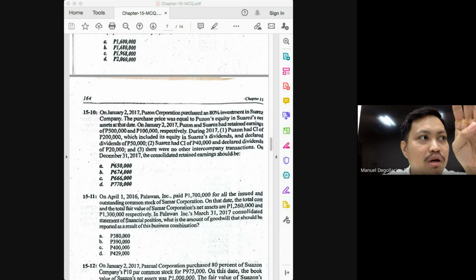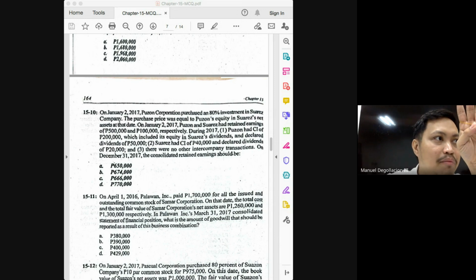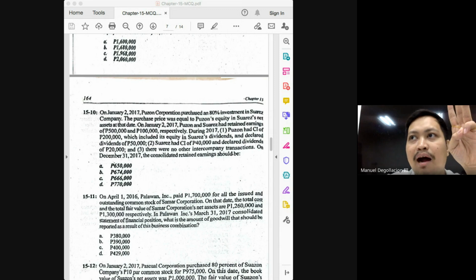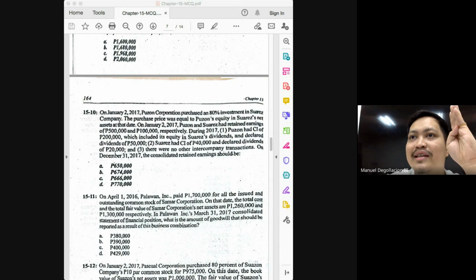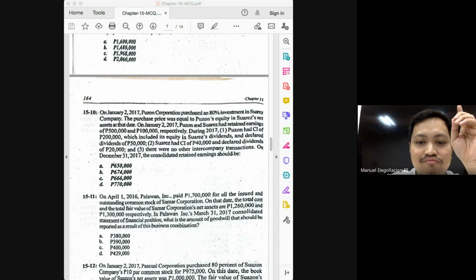Next question, how much is the consolidated income under the entity approach? 184 plus 40. That was the 224. Next question, how much was the share of the NCI in the income of the subsidiary? 8,000. Then 224 minus 8,000 will give you 216.